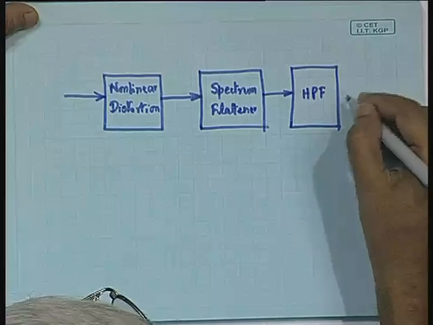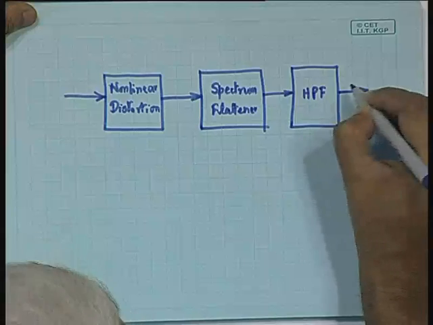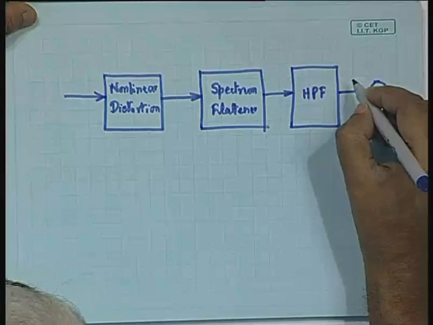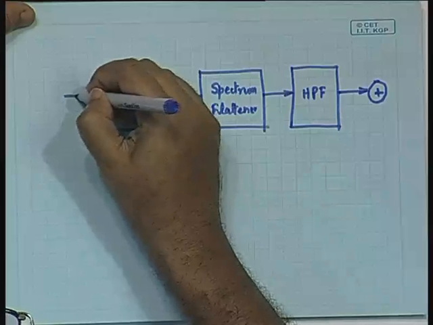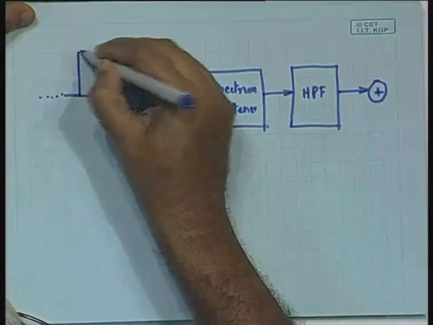And then we have a high pass filter. With this version we add the decoded signal from the baseband decoder.